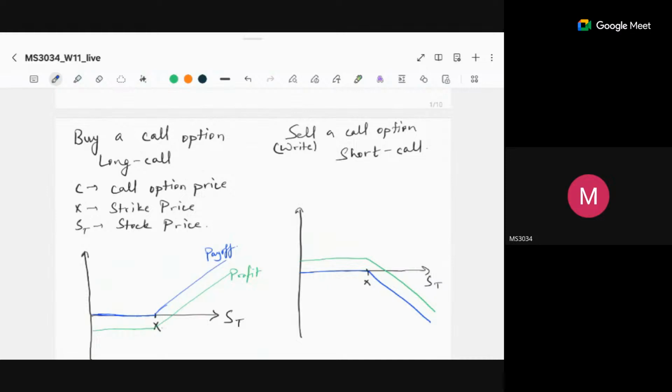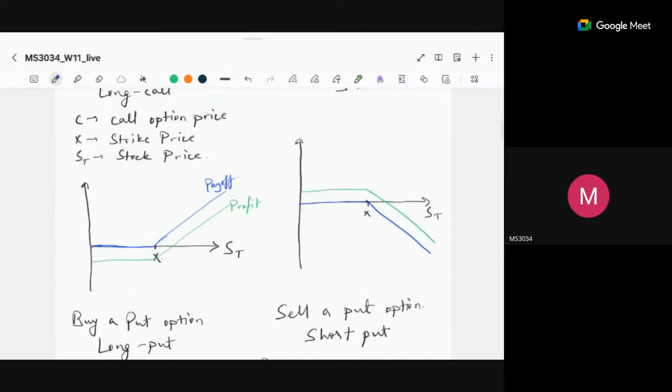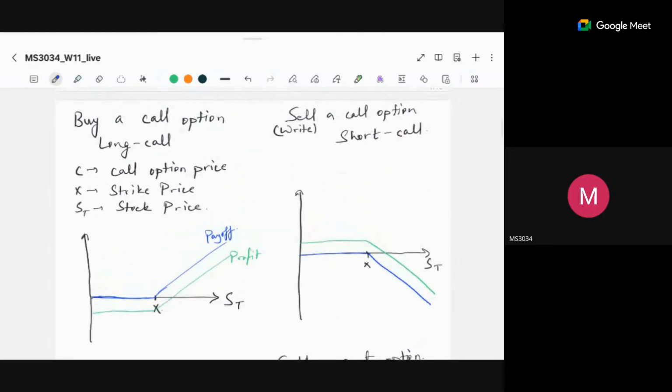So we will take this permutation and combination, and see how my payoff behaves in all four cases. First take the case of buying a call option. You are going to the market and buying a call option. This is also called the long position on the call. In short, we call it a long call position.